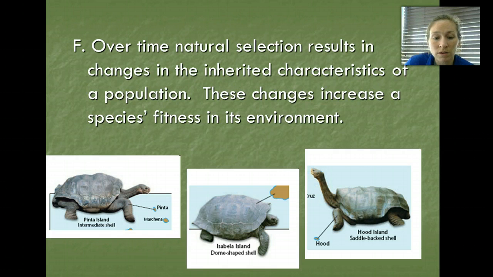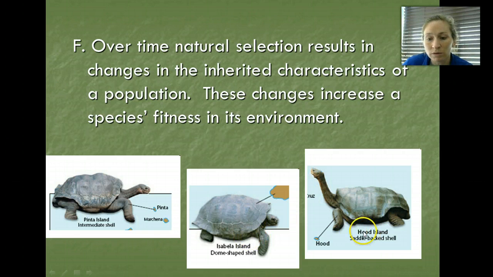And again, I'm going to use the example with the tortoise. The ones on Pinta Island, they kind of have that mid-range neck and intermediate shell to probably allow them to eat vegetation in that middle level. Isabella Island, or the dome-shaped shell, there is not much room for that neck to lift up, which means that vegetation there is probably lower to the ground, and this particular species can thrive in that area because that's how the resources are available to them.